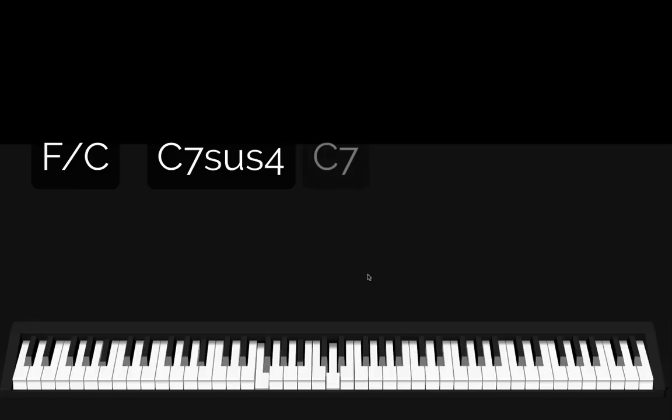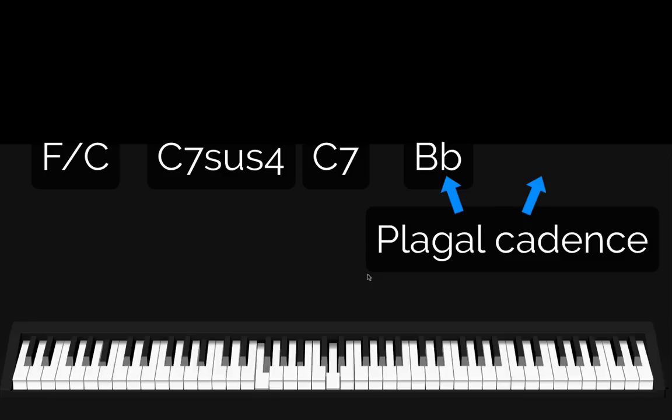The next chord then resolves the suspended fourth to the third of the chord, and we have a regular C dominant chord. And then we begin to decrease tension and to use a plagal cadence, inserting the subdominant again to release some tension, and then returning to the regular tonic, which is the F major chord.